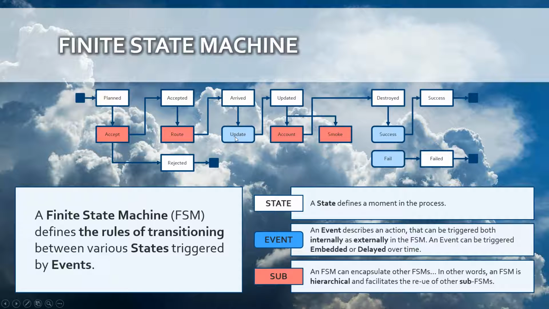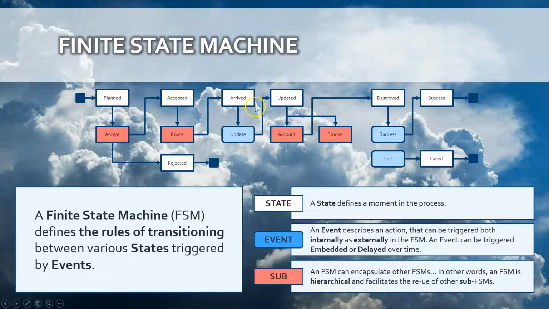In other words, a finite state machine describes the rules when an event is being fired. So when the update event, for example, is fired, the state machine can transition from the state arrived to the state updated.